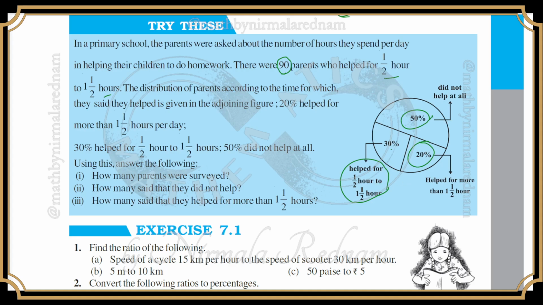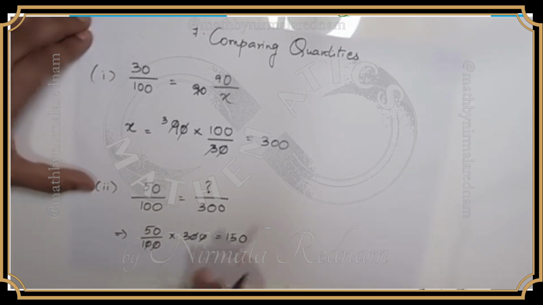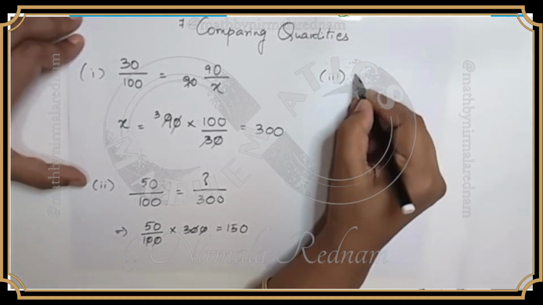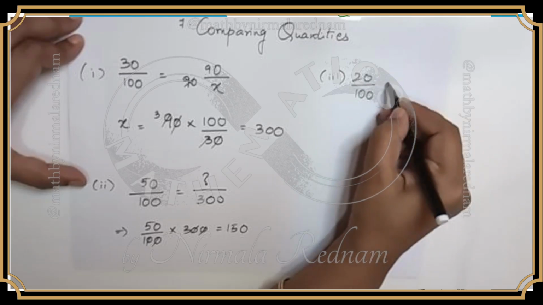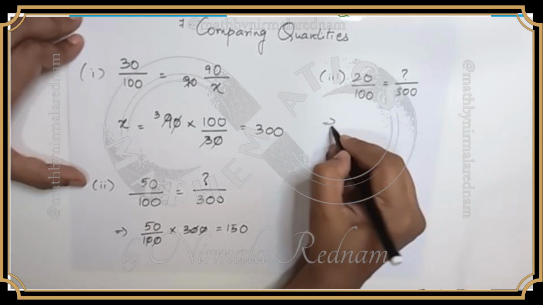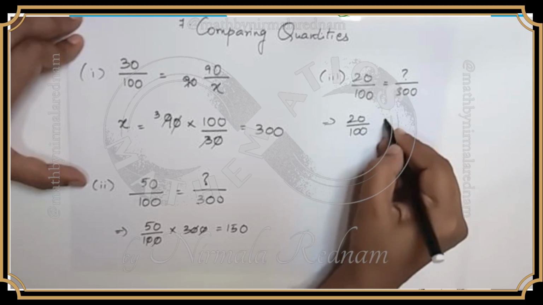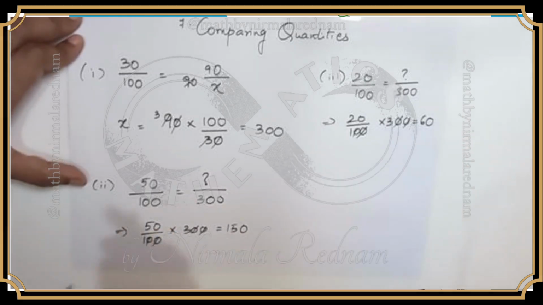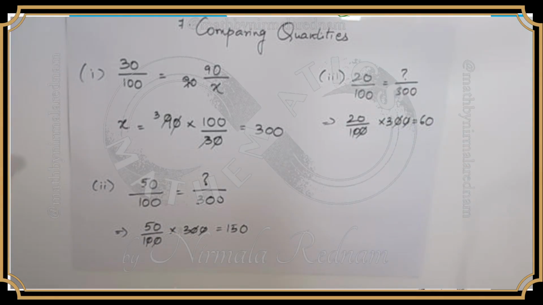So let us look at what is 20% of 300. 20 by 100 is equal to how much out of 300? It's nothing but 20 by 100 into 300, which will give me 60. That means that 60 parents claim that they do not help at all. Sorry, they help for more than 1.5 hours. Okay, so that is about the try this question.